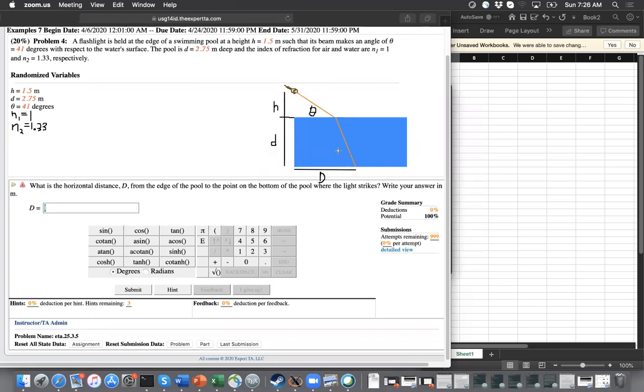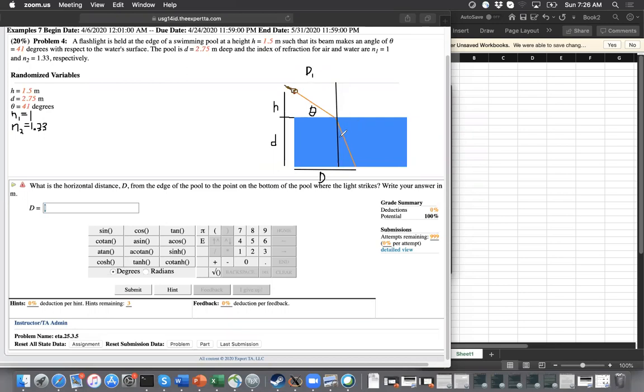We can first say, for example, what's the distance light took till it got to the surface? We can give that a name, since no one has asked us what to call it. We can call that distance D1.